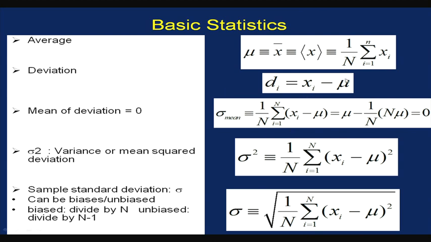So, if this is xi minus mu is mean, so this will represent mean of deviations. Unfortunately, we cannot use the mean of deviation, because if you follow this, the mean of deviation is always equal to 0.